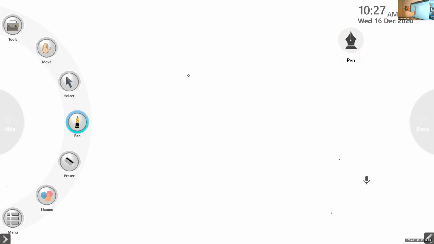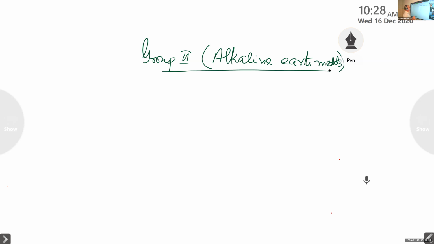So now let us see group 2. Group 2 elements are known as alkaline earth metals. All these are metals, alkaline earth metals. That is also belonging to the S block elements. Second group, alkaline earth metals.